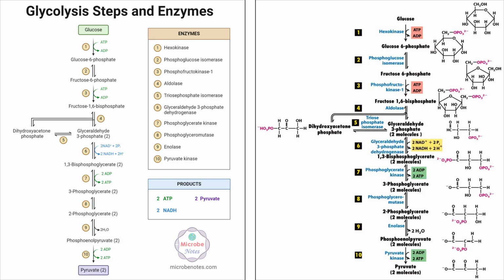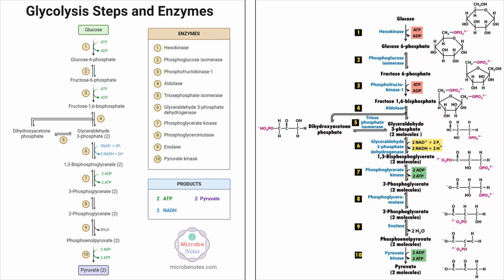In the next 5 steps, energy is recovered in the form of ATP and NADH. Finally, glycolysis gives 2 pyruvate, 2 NADH, and a net gain of 2 ATP. The pyruvate can enter further metabolic pathways depending on the availability of oxygen. Thus, glycolysis is an important pathway that provides energy to the cell and serves as the starting point for further glucose metabolism.